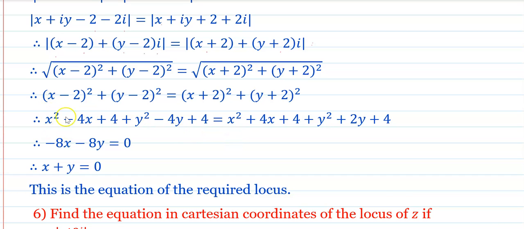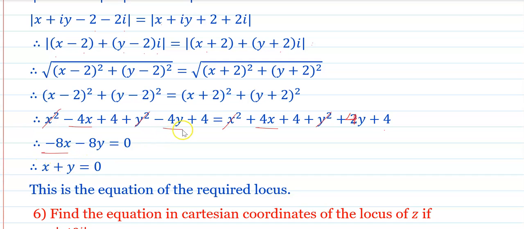Expand this: x squared minus 4x plus 4, y squared minus 4y plus 4, equals x squared plus 4x plus 4, y squared plus 4y plus 4. Now cancel x squared plus y squared from both sides. Minus 4x and plus 4x overall become minus 8x.